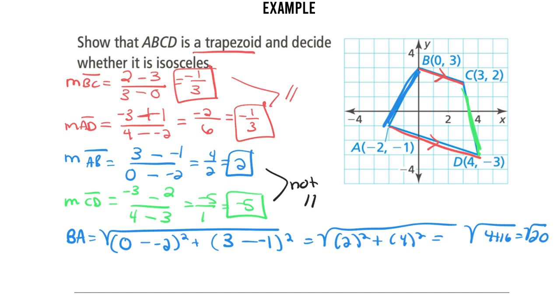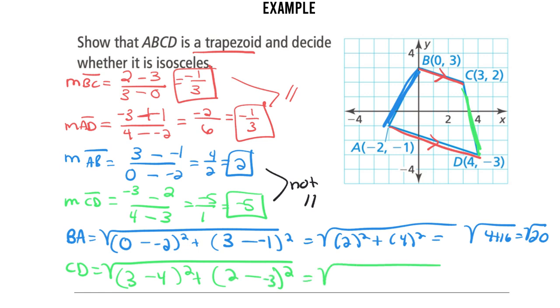And then we're going to find CD's distance, or length. So CD, we've got x's, 3 and 4. The y's are 2 and negative 3. So negative 1 squared plus 5 squared.